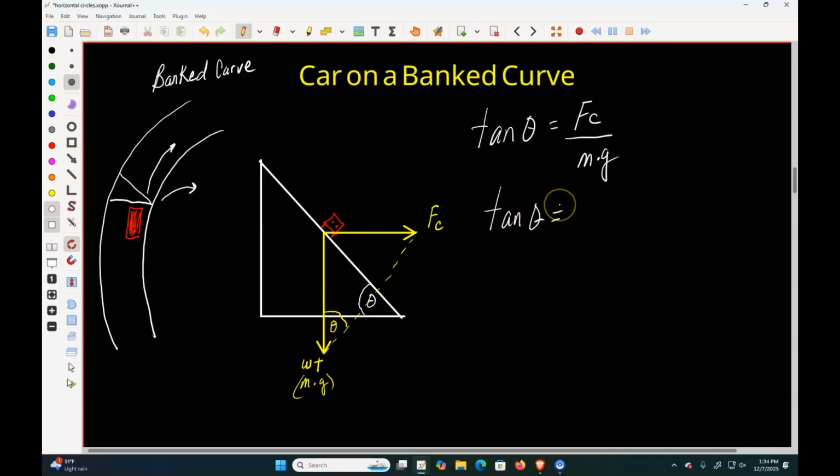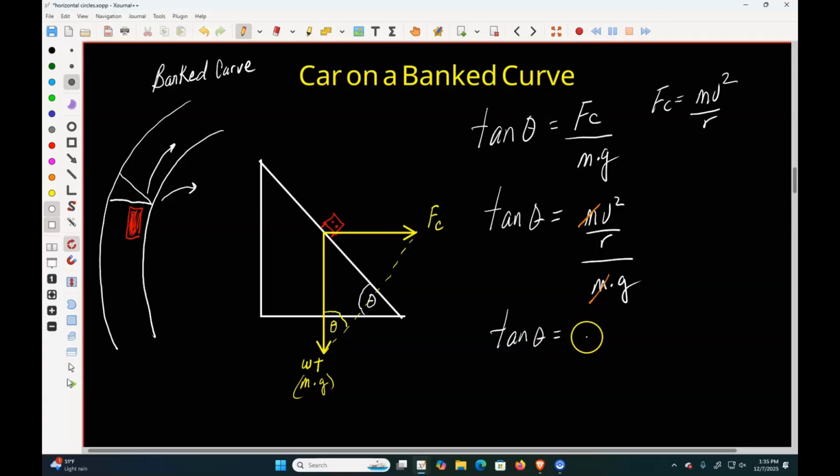So tan of theta is equal to, we know that centripetal force is equal to mv squared over r, over m times g. This mass and this mass cancel. Okay, if I simplify this a little bit, I would get tan theta is equal to v squared over rg.